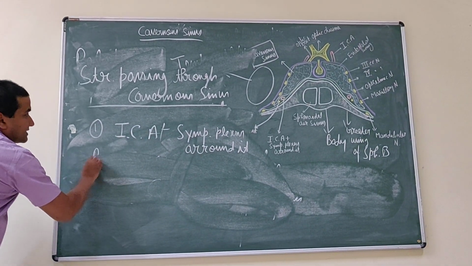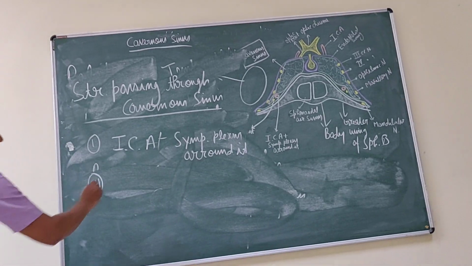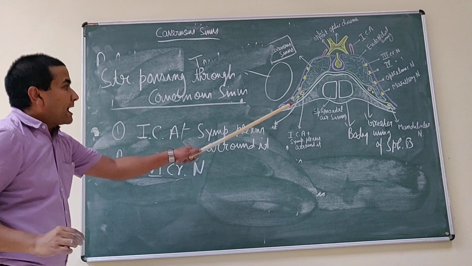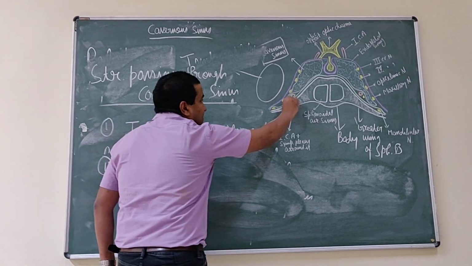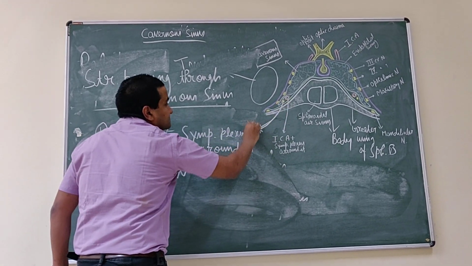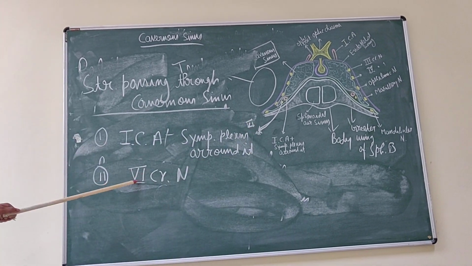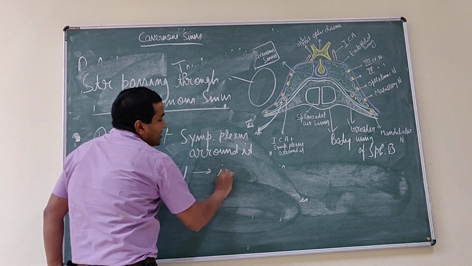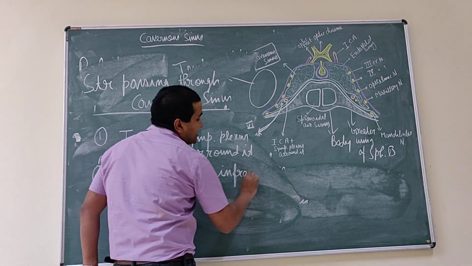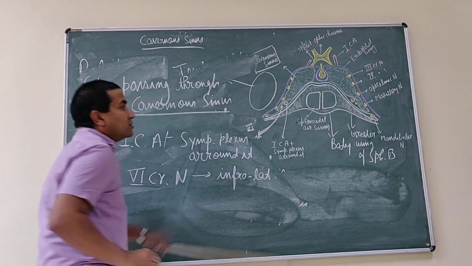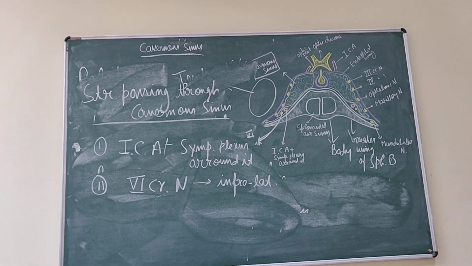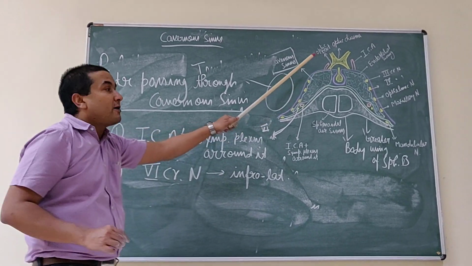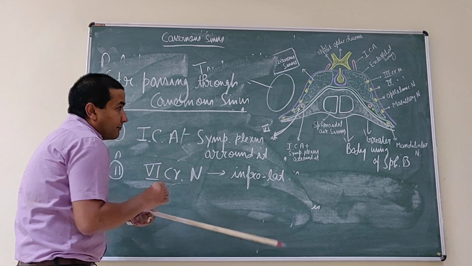Then the second structure that passes through the cavernous sinus is the sixth cranial nerve, the abducent nerve. The sixth cranial nerve is related infralaterally to the internal carotid artery. Now, these two structures are separated from the cavity of the cavernous sinus by the lining.